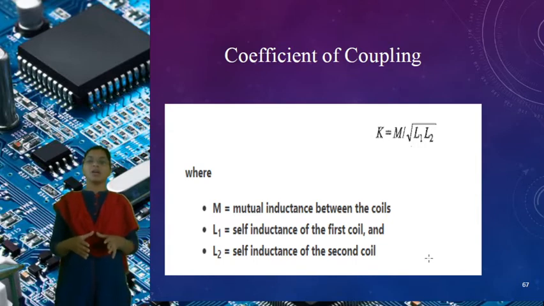Now I am sharing the whiteboard. In this we are going to learn about the ratio, how we relate the ratio between the self-inductance and the number of turns. Let us see that.